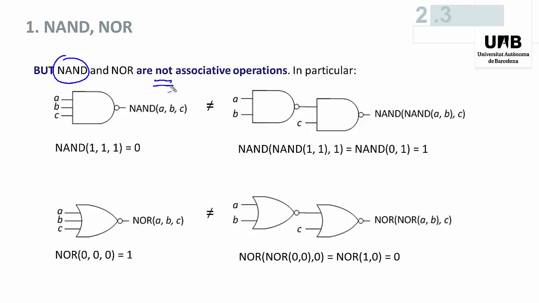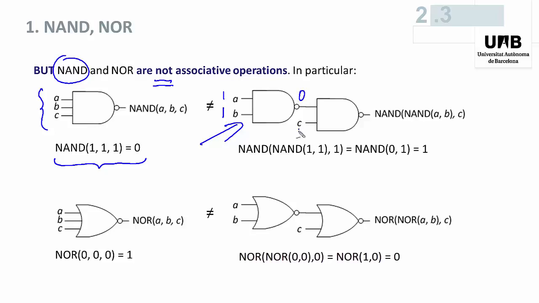associative operation. In particular, a 3-input NOR or NAND cannot be implemented in this way, connecting in series two 2-input NAND gates. You can check that the NAND of 1, 1, 1 is equal to 0, but in this circuit, if A and B are equal to 1, then the output of this gate is equal to 0.